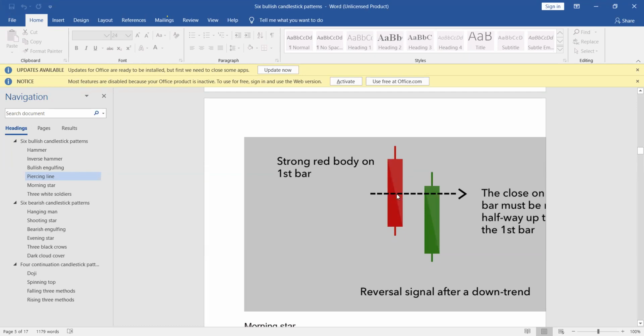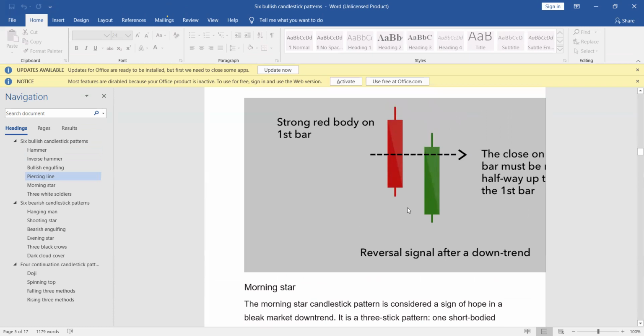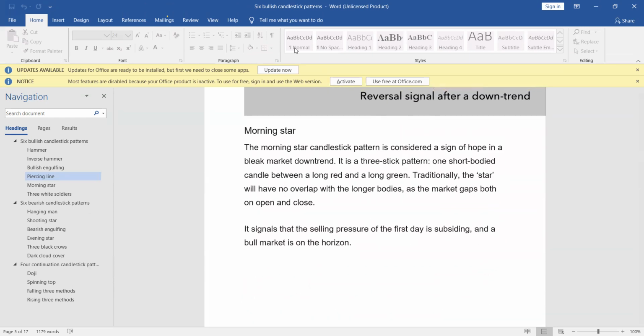So when you find this pattern, it actually tells you that the bulls are more powerful in the market. For them to take the market from here and push it right up here and close midway the previous bearish candle actually tells us that they are powerful in the market. So when you find this in a zone of value, which is a support zone, you're watching out for a buy.